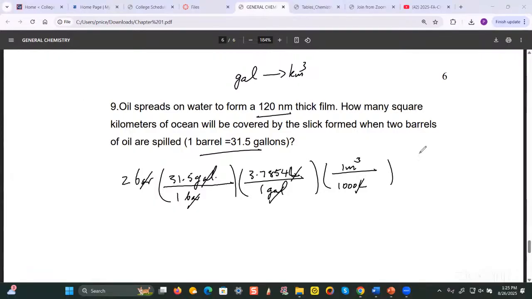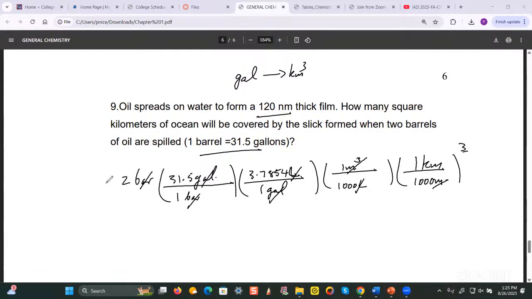And now, to go from meters cubed to kilometers cubed, I would do this. 1 kilometer is equal to 1,000 meters, but I would cube this, so that it will cancel out with that.